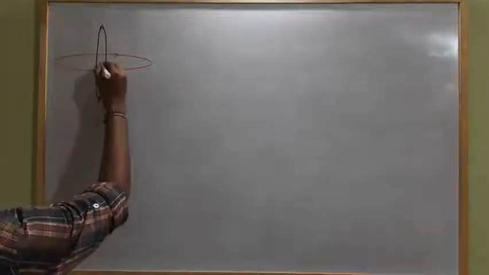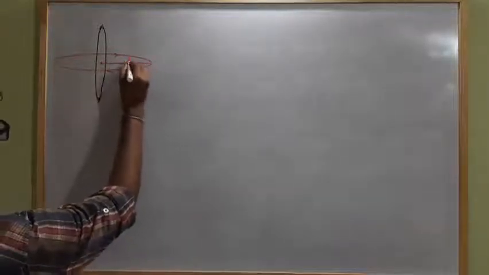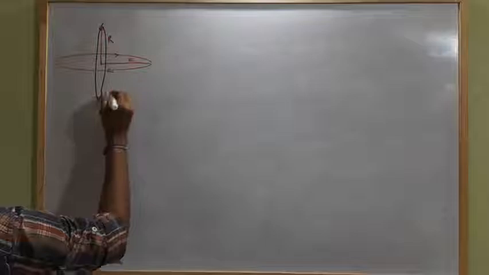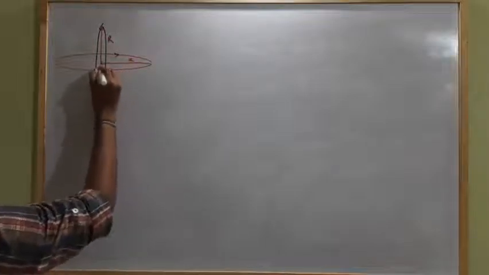Okay, so this is the center, this radius is r, again this radius is r. In this current flowing like this, in this current flowing like this, is point O.